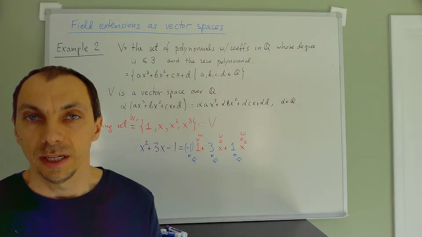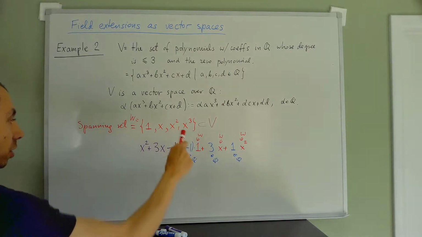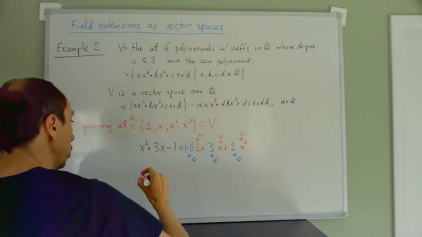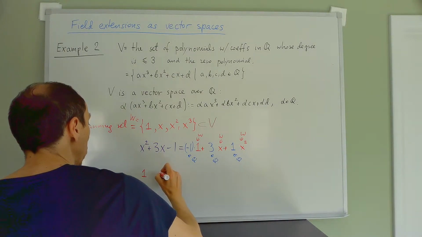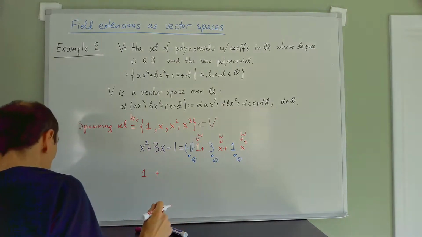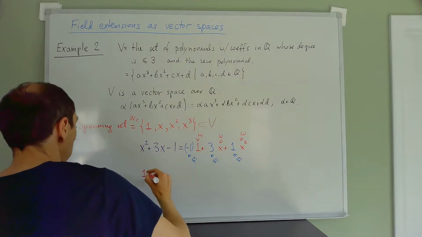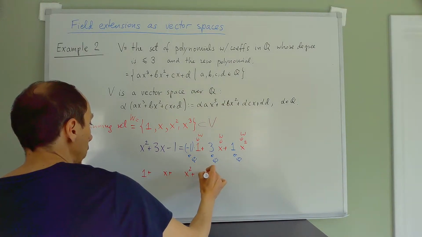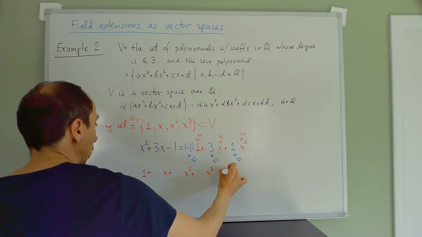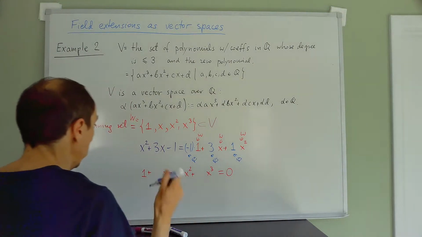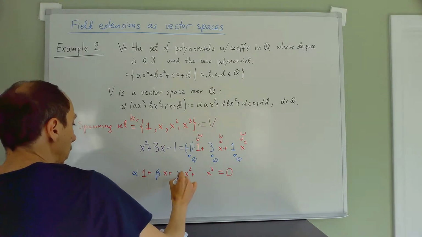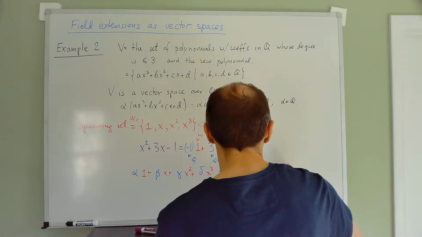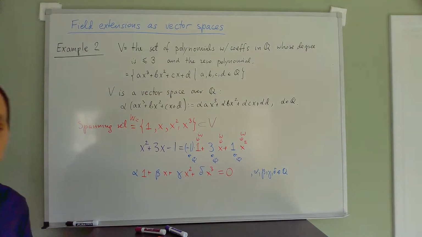Note that this is actually also a basis, because there's no linear dependence between these. If I was to try to find coefficients alpha, beta, gamma, and delta in Q such that alpha times 1 plus beta times x plus gamma times x squared plus delta times x cubed gives the zero polynomial, you know how polynomials work, right?